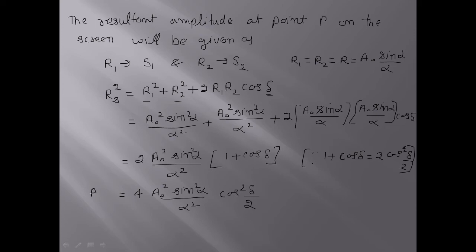This is equal to the square of resultant amplitude, and let delta by 2 is equal to beta, and which is equal to pi lambda by b plus d sine theta.